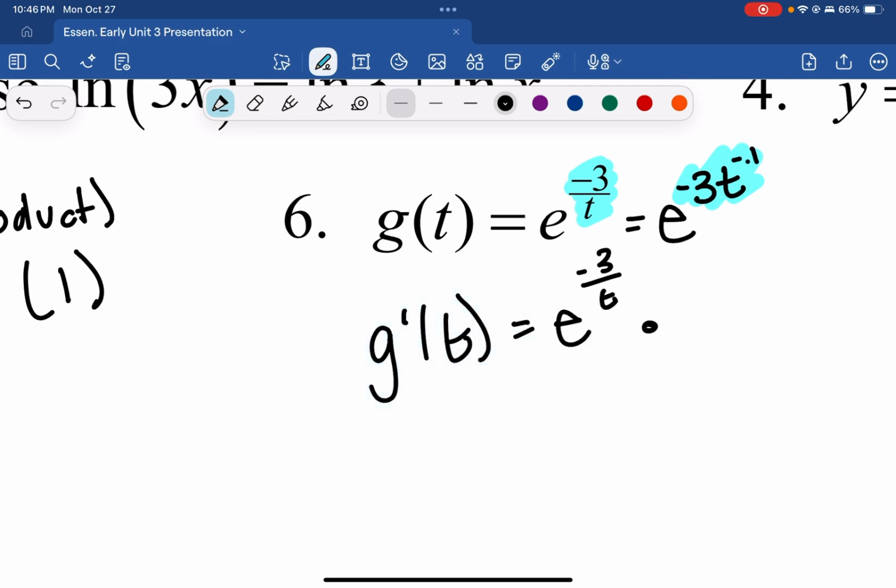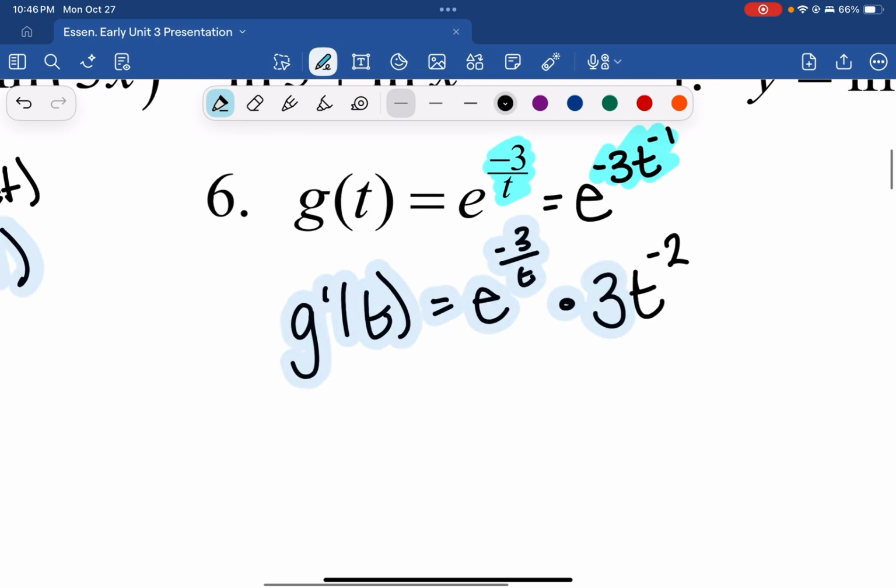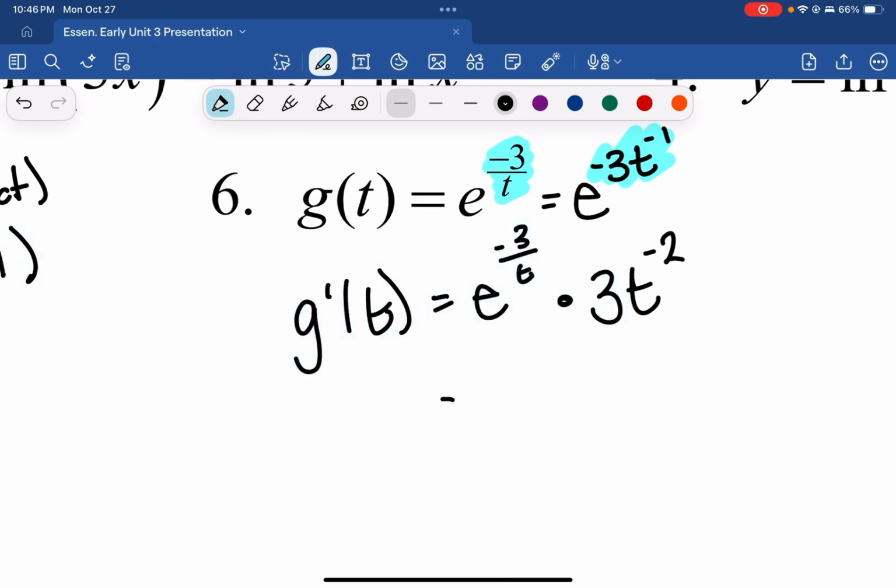So I drop my power: negative 3 times negative 1 gives me a positive 3. And t to the negative 1, I reduce by 1, so to the negative 2. We could simplify this as e to the negative 3 over t times 3 over t squared. That works too.